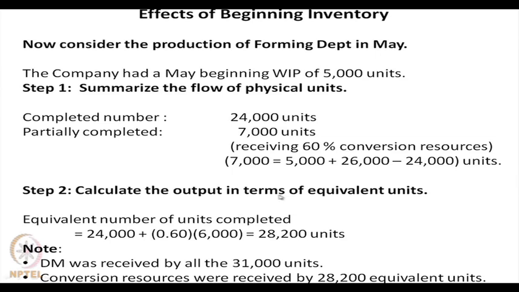Now, as before, we calculate the equivalent units. It is 24,000 equivalent units completed. So, 6,000 into 60%. Now, there is a mistake here.